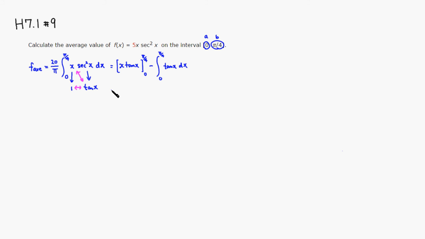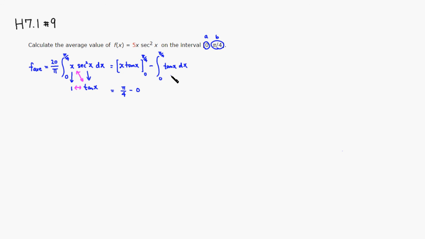Then this is going to be equal to, we plug in pi over 4, so we have pi over 4. And tangent of pi over 4 is 1, so it's just pi over 4, minus plug in 0, so it's going to be 0. Then we have the integral of tangent of x.